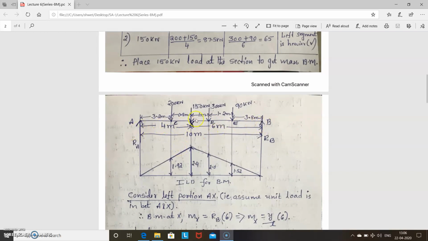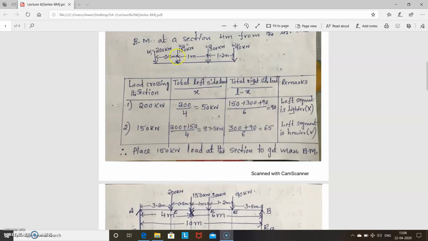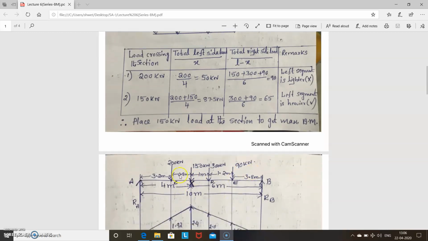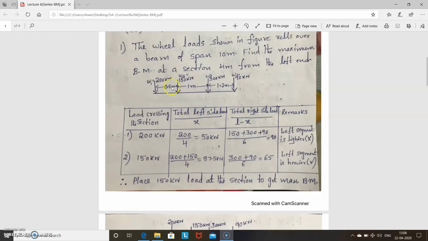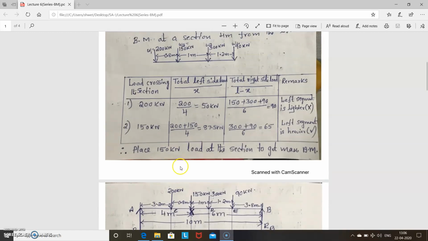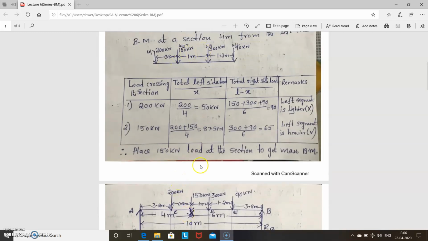Okay, now you have to place 150 kilonewton load at the section, so the other 200 comes this side and 90 to the right of this 150 kilonewton. So inside this distance has to be same. Okay, 200 to 150, the distance is 0.8, 150 to 300 is 1 meter, and 300 to 90 it is 1.2.